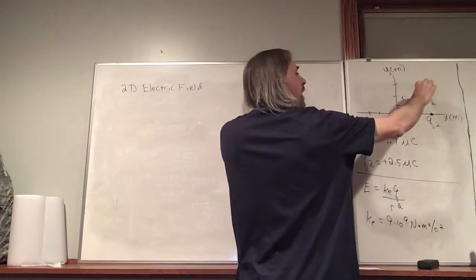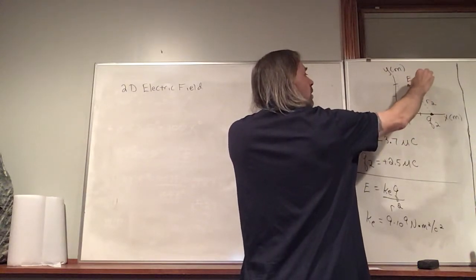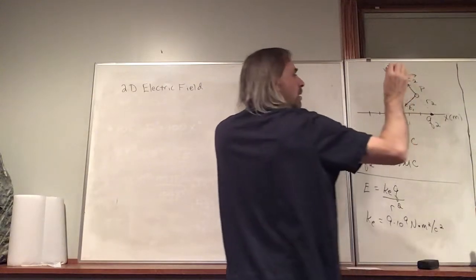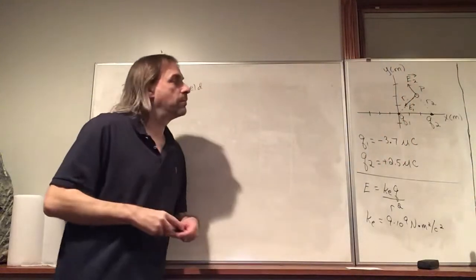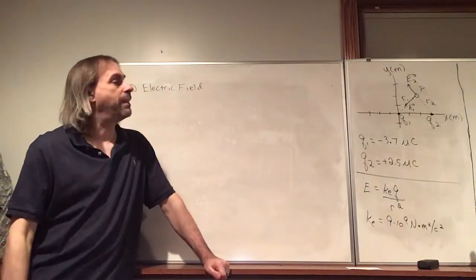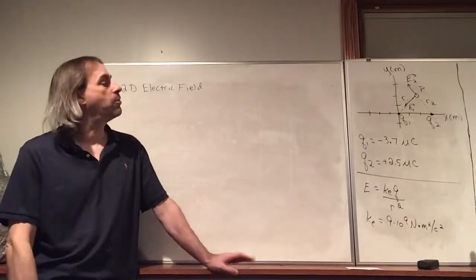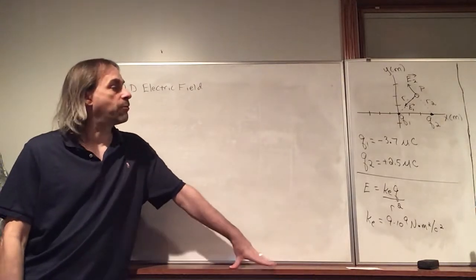And Q2 is positive, so we move away from Q2. So E2 points in that direction. We'll have to find angles and use sines and cosines to figure out the precise directions, but we can do that later.